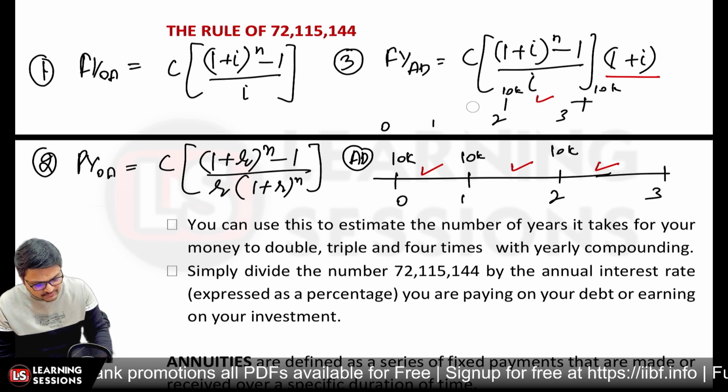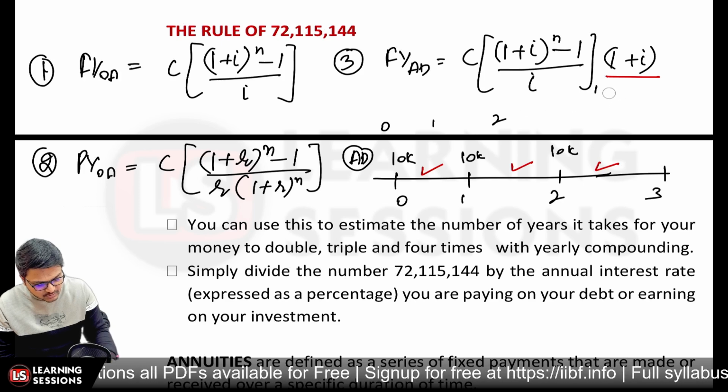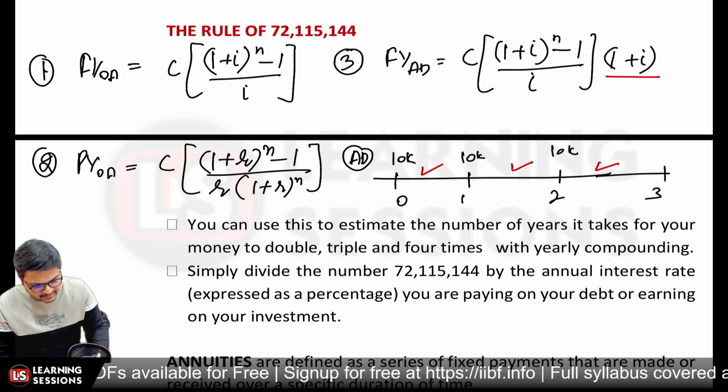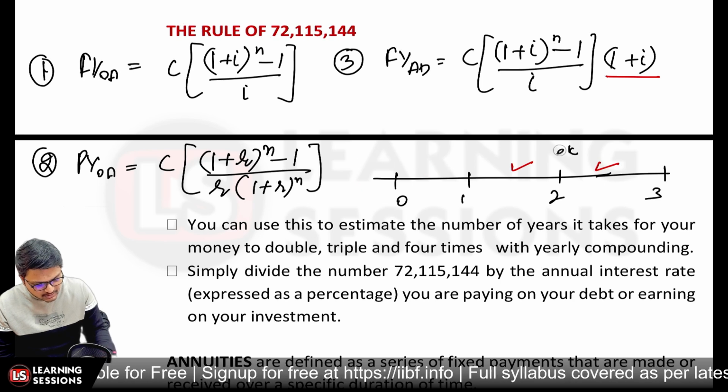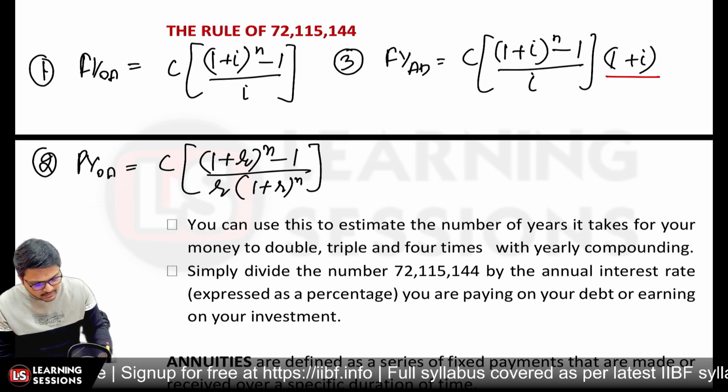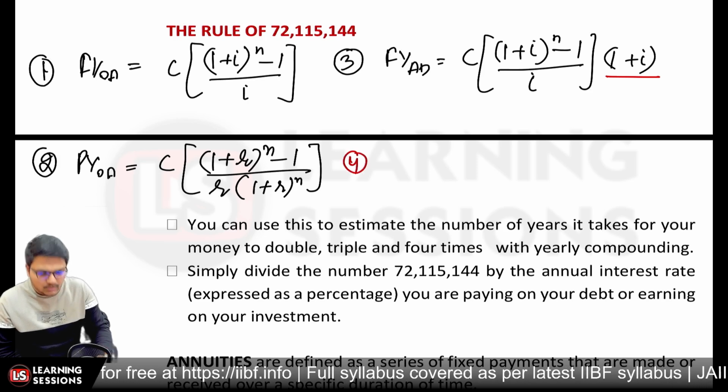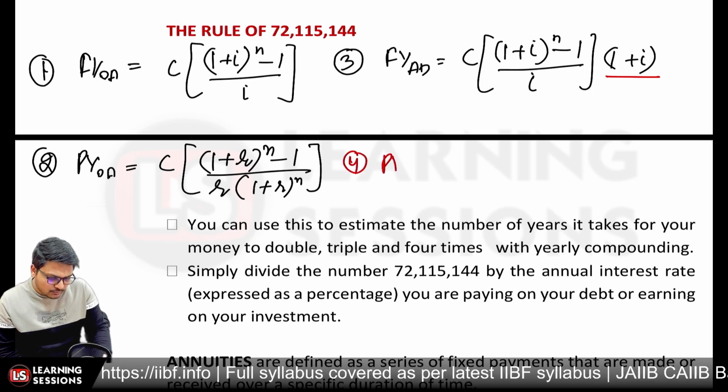Okay, so that's why you need to write this 1 plus I at the end. Now let me tell you the fourth formula, related to the present value of annuity due.